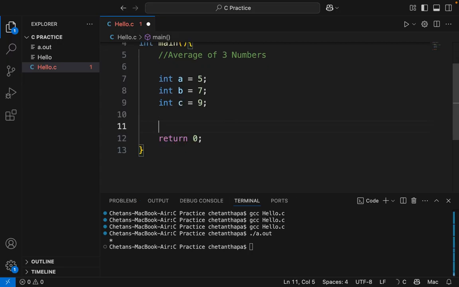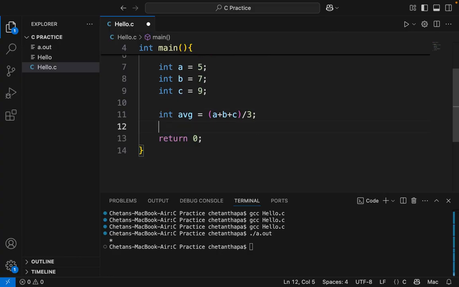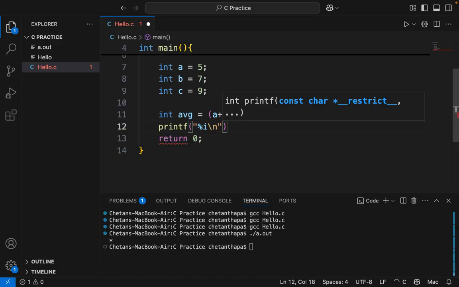To find its average, int avg is equal to a plus b plus c divided by 3. This is how to find an average. Print percentage i, avg.